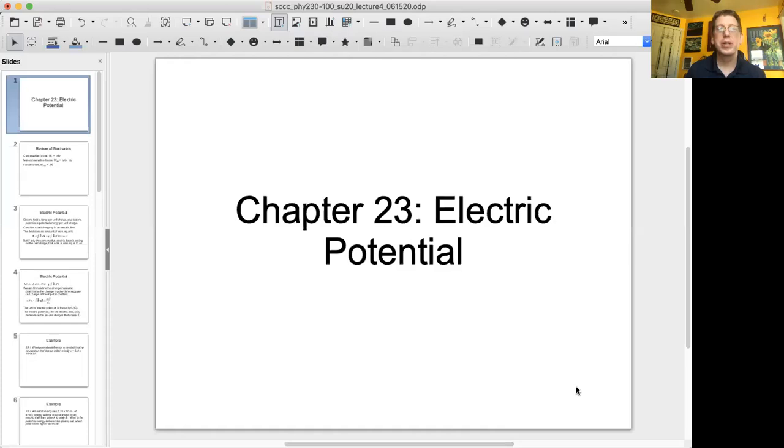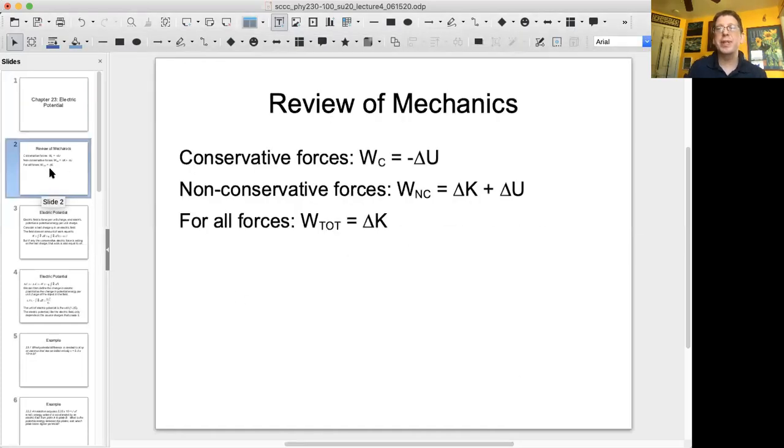So let's start our lecture with a review of some of the basic principles in mechanics in Physics 1. When we talked about conservative forces, these are forces for which the total mechanical energy, the sum of kinetic plus potential, is conserved.